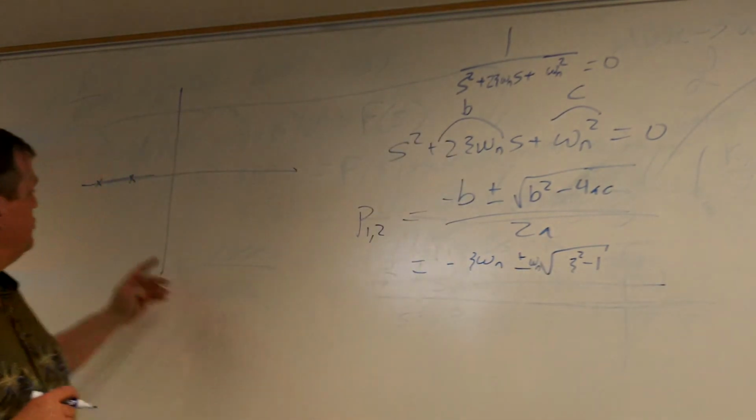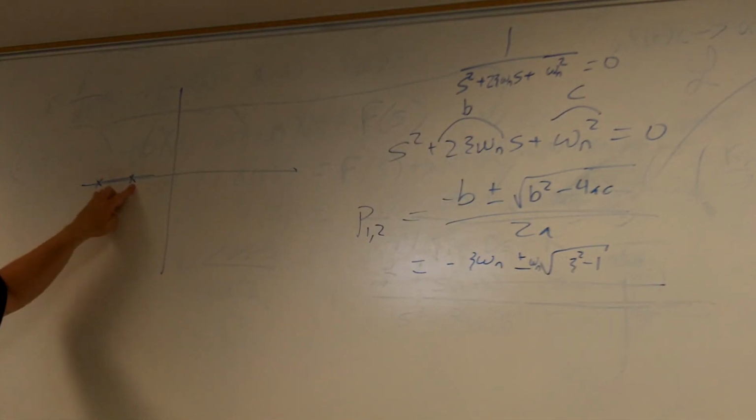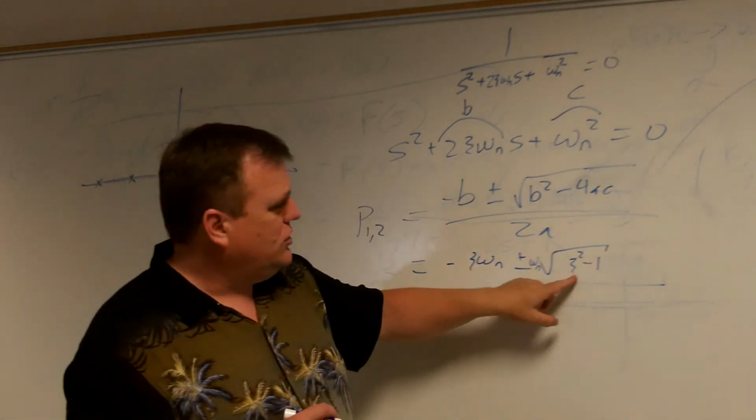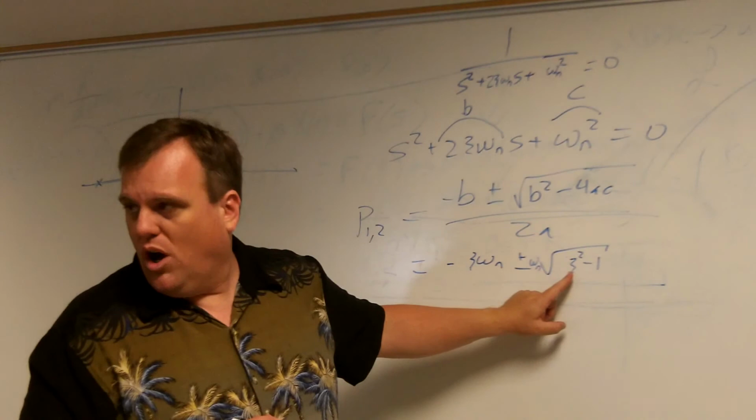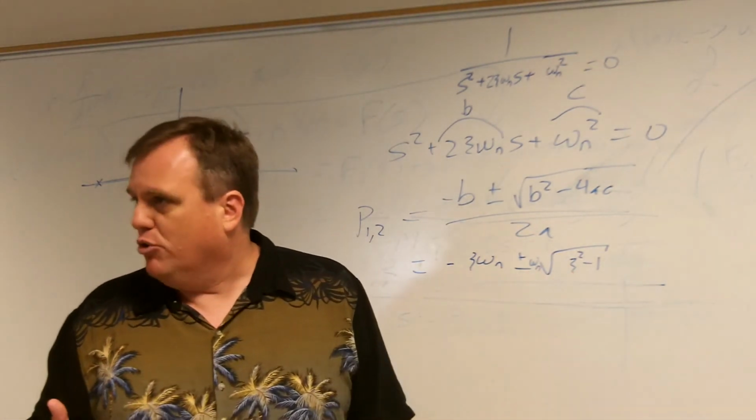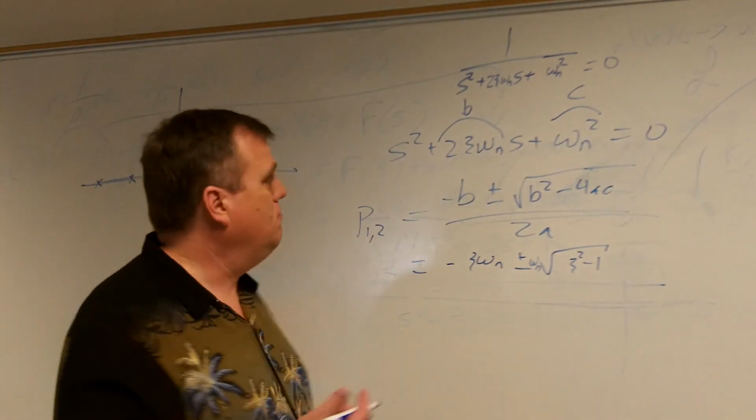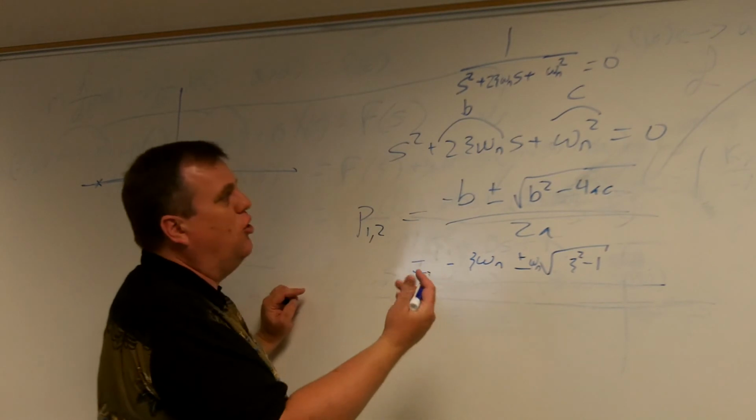We actually consider the response of this. If zeta is bigger than 1, it means it's a large value, and it's overdamped. Yeah, this is what we call overdamped.